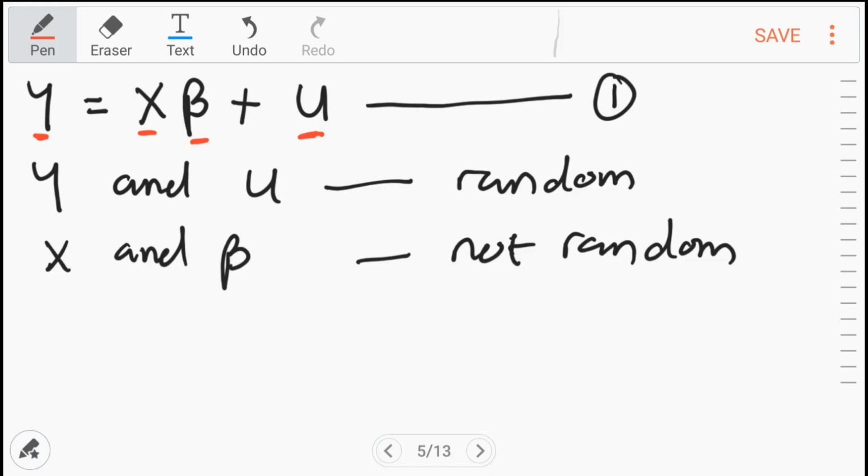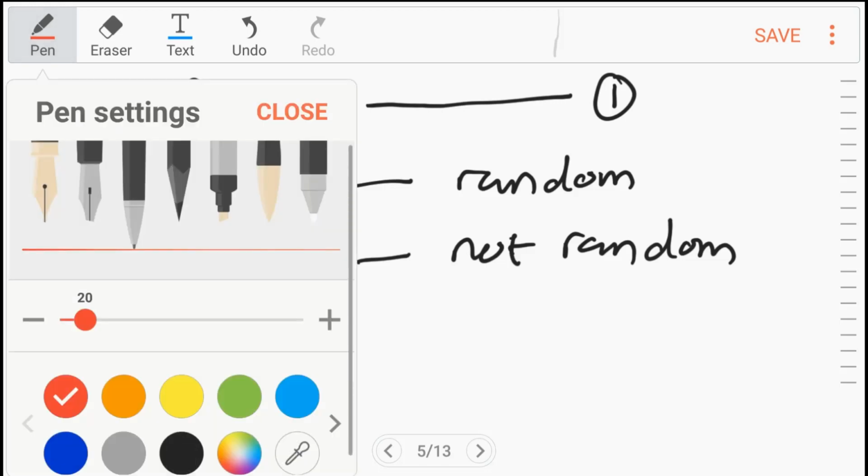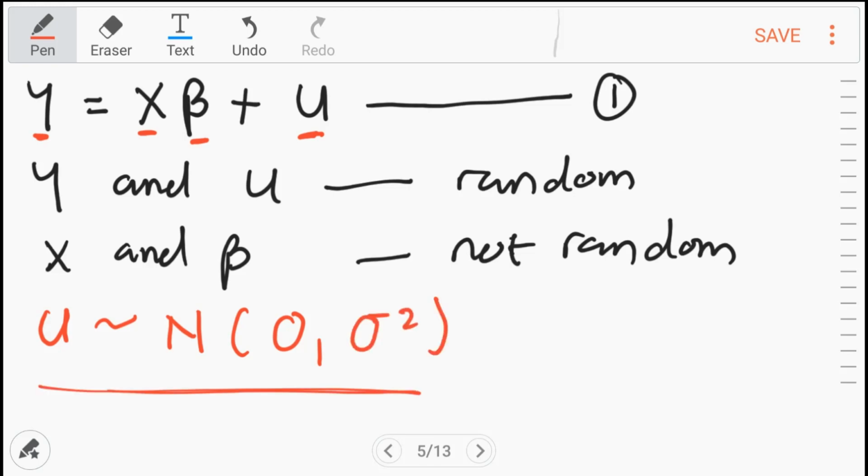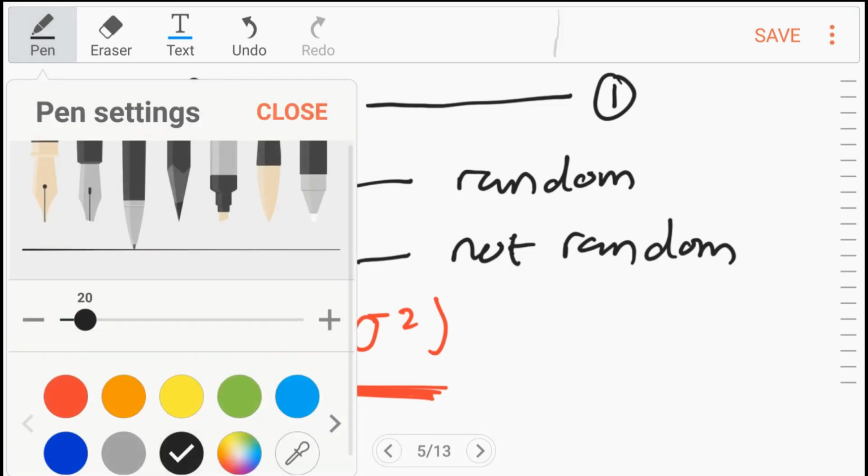Also take note that your error term, which is u, follows a normal distribution with expected value or mean 0. Very important, we are going to use this in the subsequent slide.